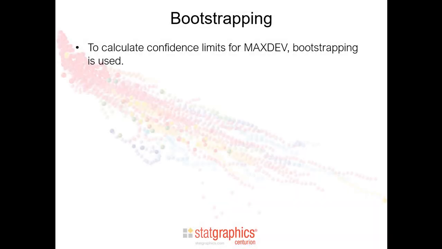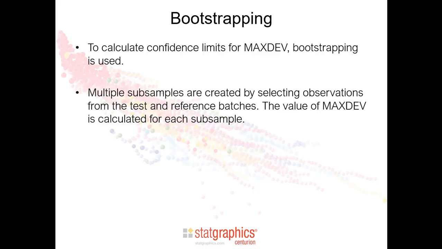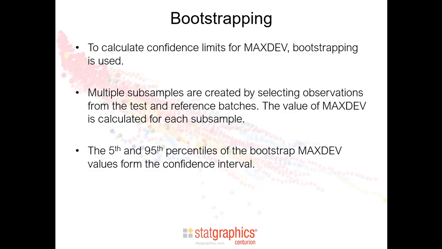To calculate confidence limits for MAXDEV, bootstrapping is used. In bootstrapping, multiple samples are created by selecting observations with replacement from the test and reference batches. The value of MAXDEV is calculated for each subsample. The 5th and 95th percentiles of the bootstrap MAXDEV values form the confidence interval.